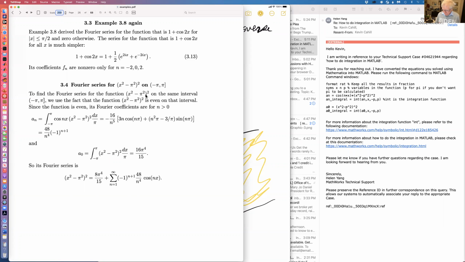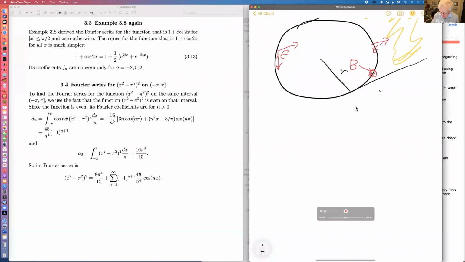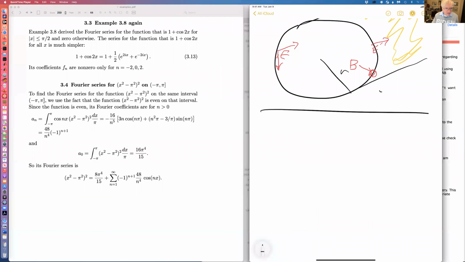So what we've got here is a function, say f of x, equal to (x squared minus pi squared) squared. And the point is that f of minus x is equal to f of x. And then the interval is symmetric also. It's minus pi to pi.